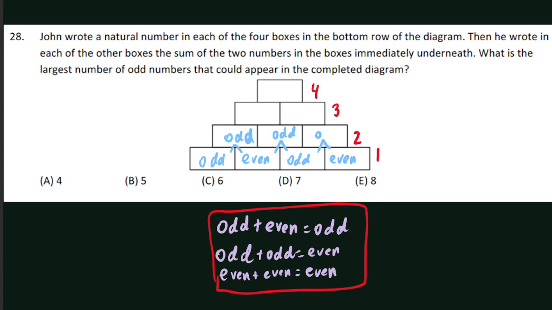The sum of these 2 numbers will be odd. But here we run into a problem, because all the remaining numbers would be even. This is because when we add the 2 odd numbers, we always get an even number. So when we do this, we only get even numbers in the resulting boxes. So this is definitely not the most amount of odd numbers possible. So I'll just erase all of this.